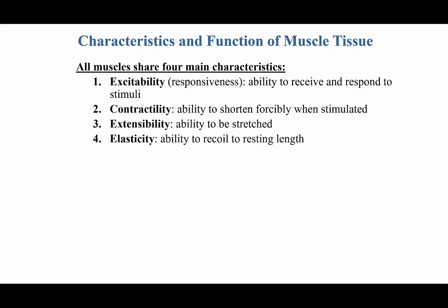And the last characteristic reflects back to contractibility and extensibility. In order to be able to contract and extend, it requires elasticity, or the ability to stretch and recoil back to its original length.